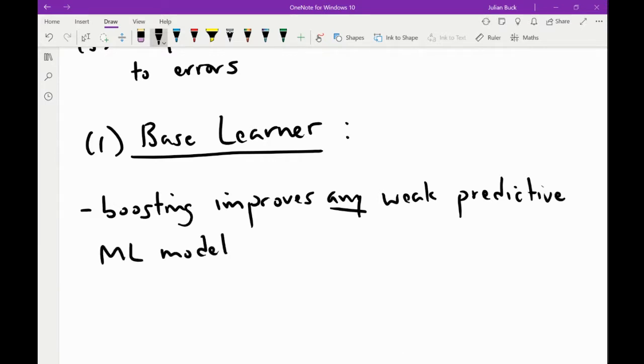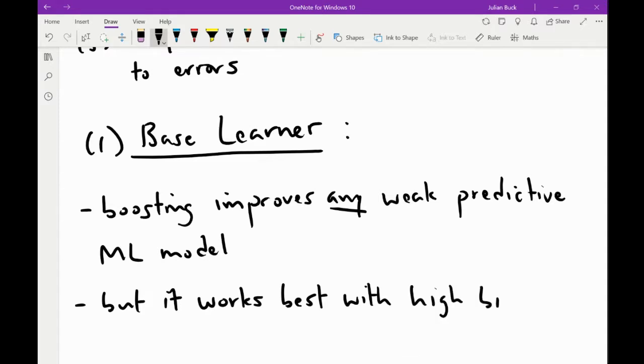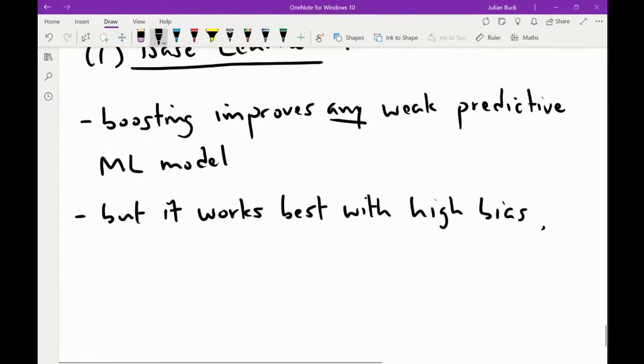Even an individual deep decision tree is not a particularly good predictive model. Boosting will actually improve those, but that's not really where it's going to be at its best. It works best, as we've already said, with high bias, low variance base learners.